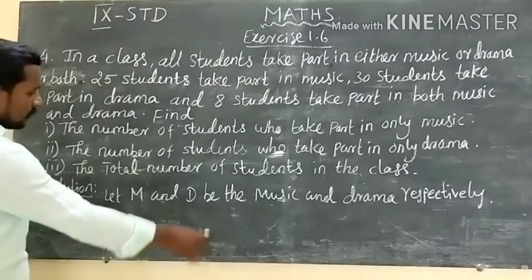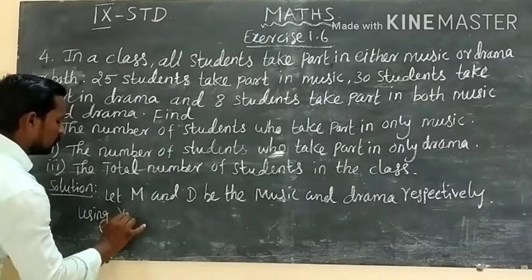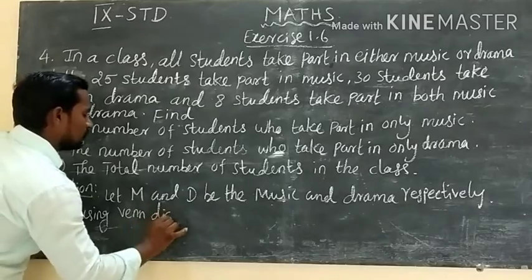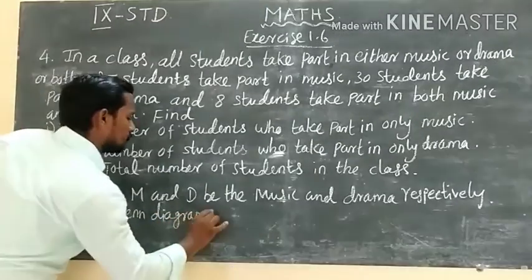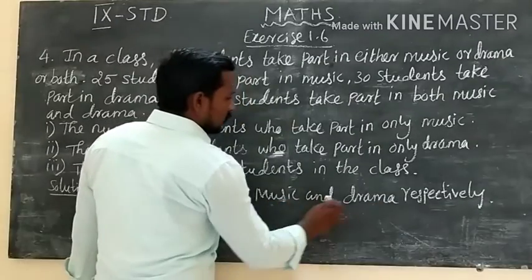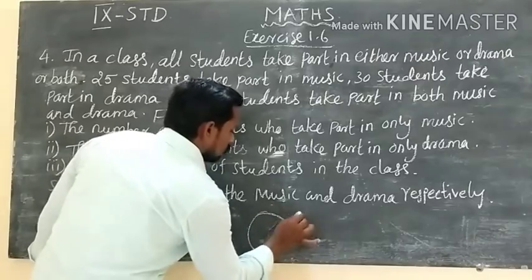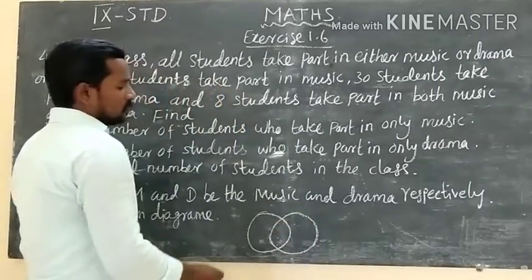Here, using a Venn diagram, I mention only the two varieties, music and drama, forming two overlapping circles.